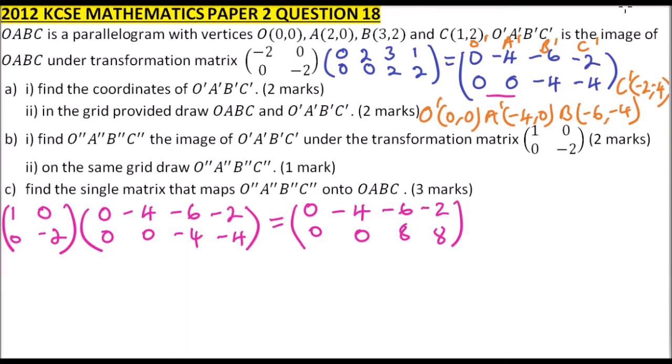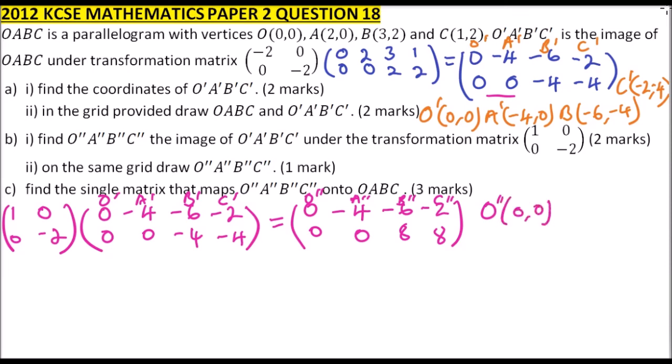O prime, A prime, B prime, and C prime. And once you multiply, then you get O double prime, A double prime, B double prime, and C double prime. So this means that the coordinates of O double prime remain 0, 0.